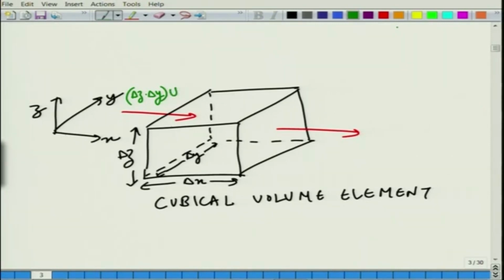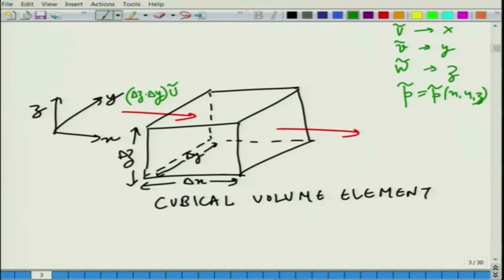So, here I must also introduce certain things. u is along x, v tilde is along y, and w tilde is along z, and rho tilde depends upon x, y and z. So, velocity into the area will give you meter cube per second, or the volume flow rate.